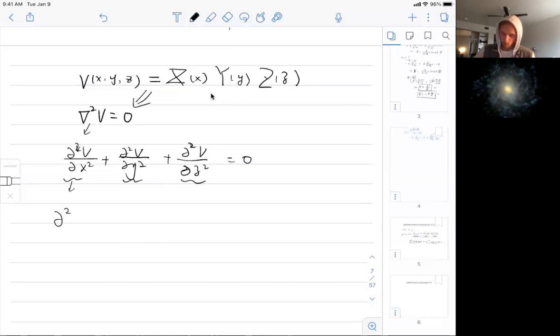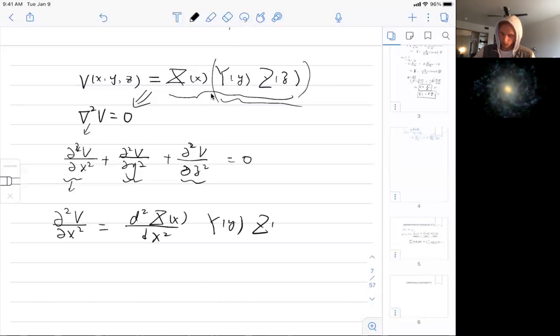The second derivative of this is going to be, you can see that these two are simply viewed as constants when you're taking the derivative with respect to x, because y and z do not depend on x. You're really just taking a derivative with respect to x, and you carry the constants with you.